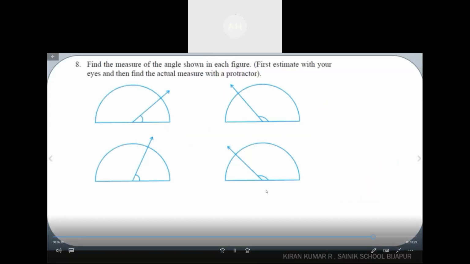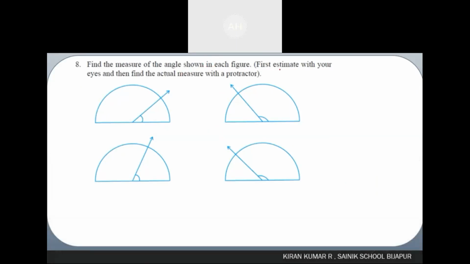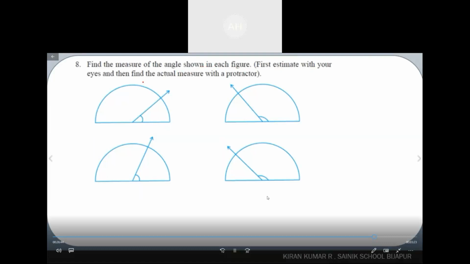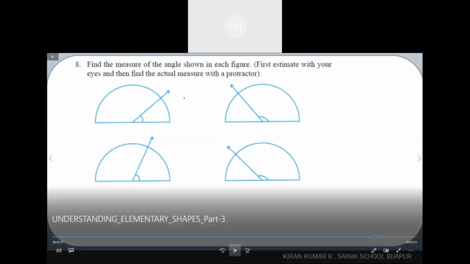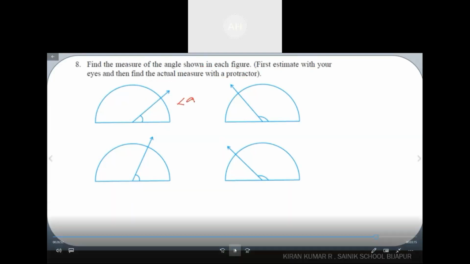Question number 8. Find the measure of an angle shown in each of the figures. First estimate with your eyes and then find the actual measure with a protractor. Here you can see it's an acute angle. The angle must be between 45 and 90 degrees. That is how I estimate it. You need to measure it exactly. You will come to know that the angle formed is 40 degrees.